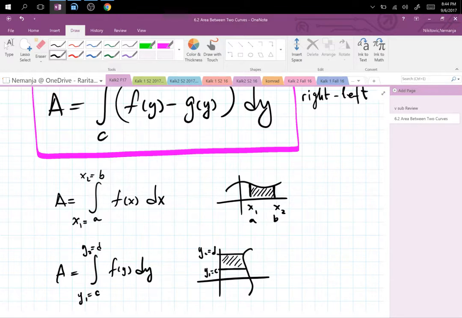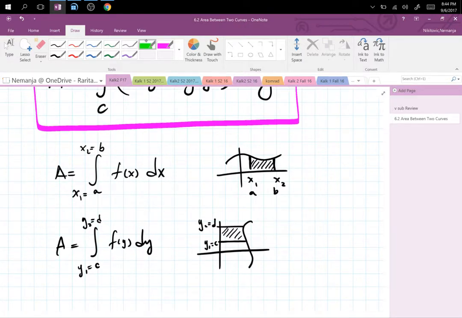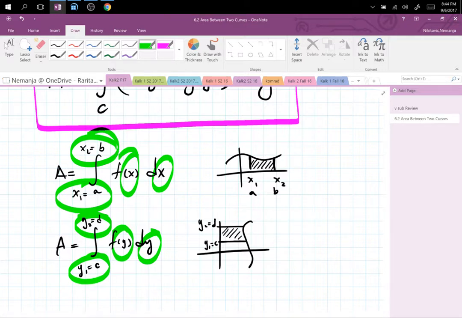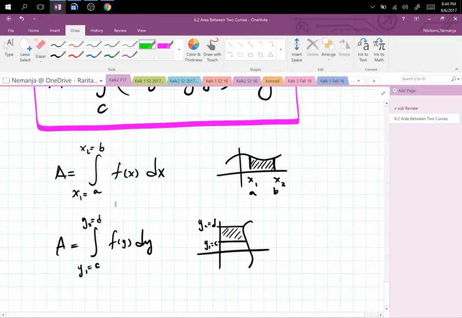So it's dx or dy, and it's very important because that tells you which variable is in charge, which is the independent variable. What's important to see is that x, x, x, x, y, y, y, y. They have to match across the integral. That is very important when you're setting these things up, especially in the next two sections coming up for volumes.